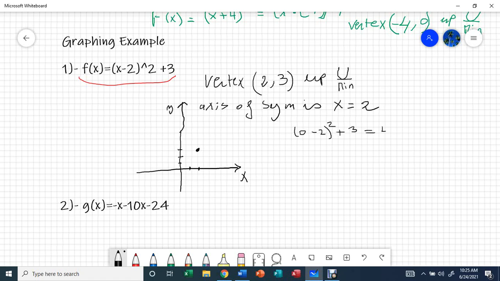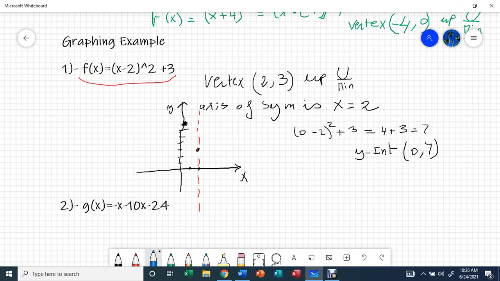That gives me 4 plus 3, which is 7. So the y-intercept will be (0, 7). So we have 1, 2, 3, 4, 5, 6, 7. So that's my y-intercept. And now the axis of symmetry, we said it's x equal 2. So that's my line x equal 2.